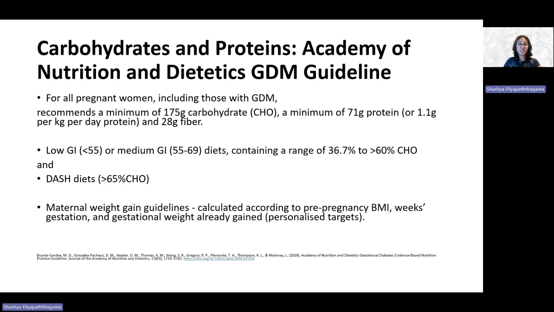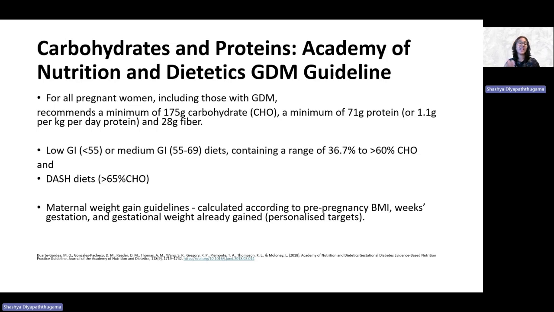And also they have a recommendation about the maternal weight gain, that, as we've discussed earlier, depends on the pre-pregnancy BMI. The amount of weight gain would be different. Suppose a woman's recommended weight gain is 11.5 to 16 kilograms because they were in the healthy weight BMI category before pregnancy.